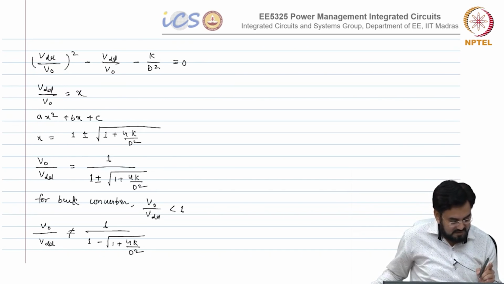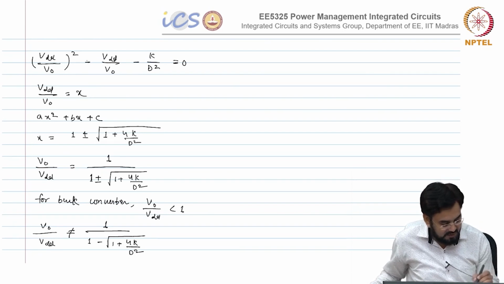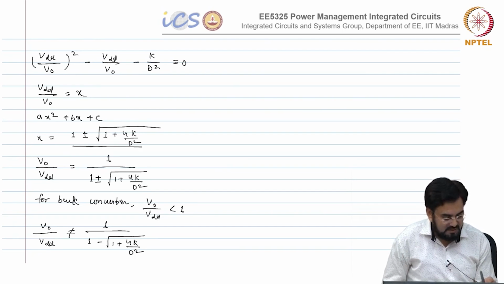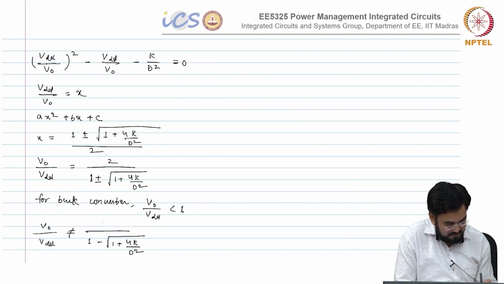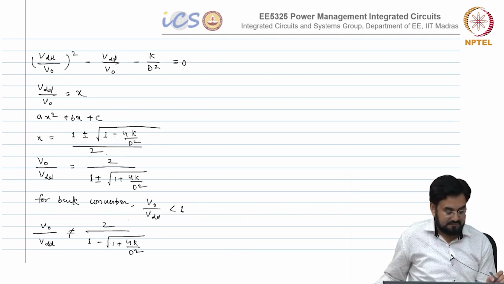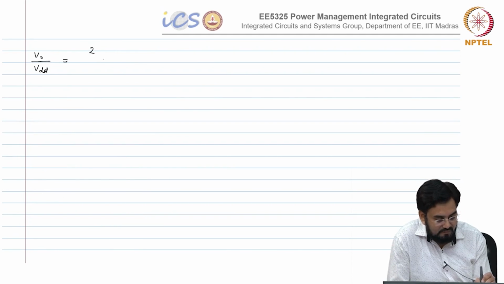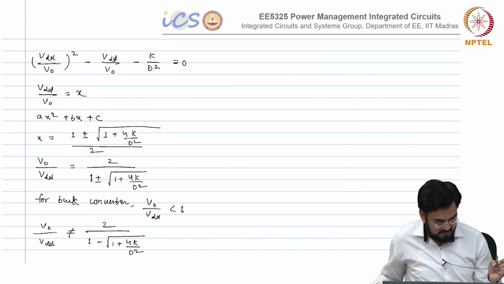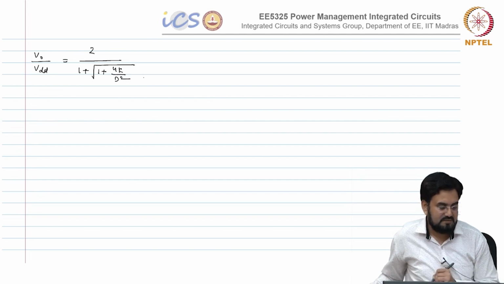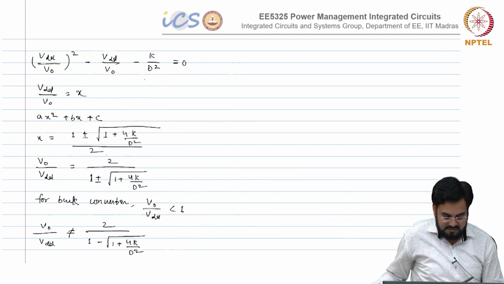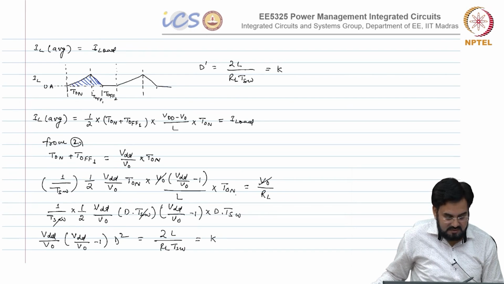There should be 2, divided by 2. Okay. One plus 4K. K you already know is this.